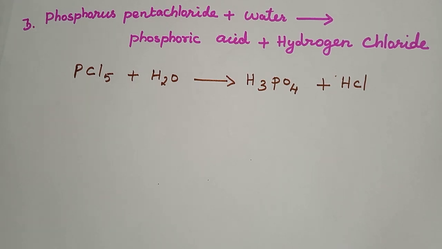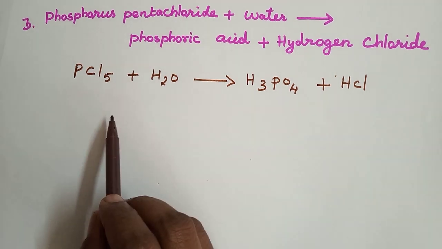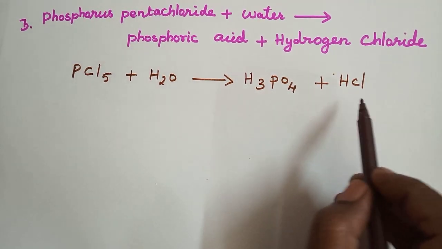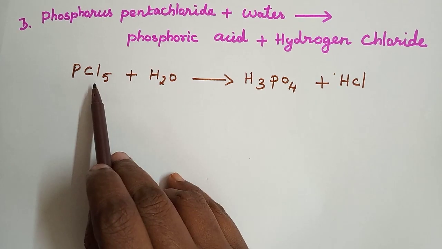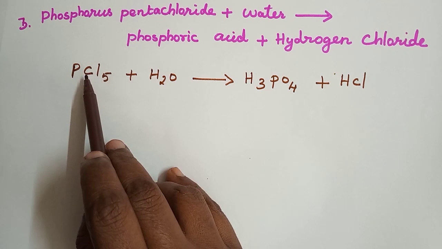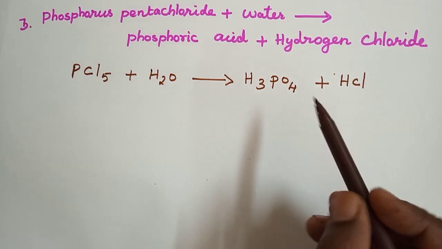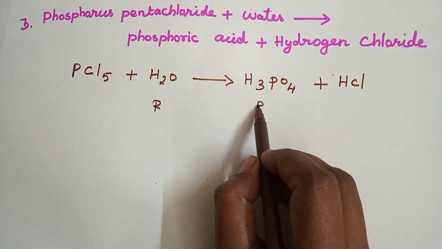Okay. Now we have to balance the chemical equation. How can we balance? First, what do we have to see here? See here, write reactant side, product side.